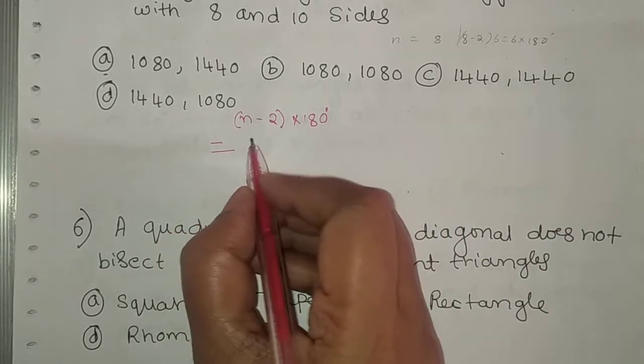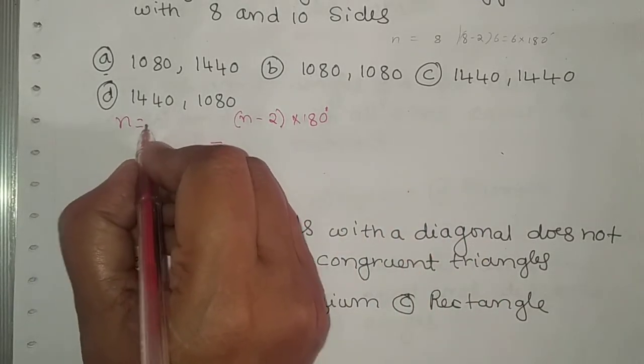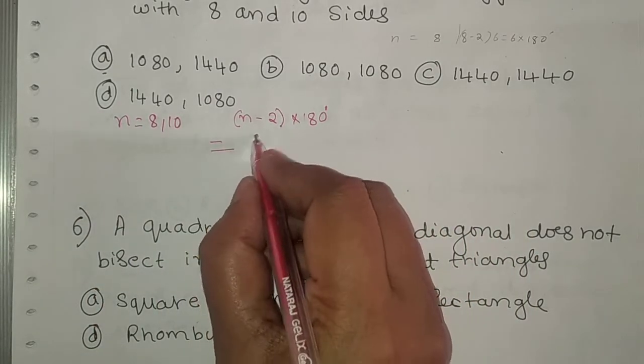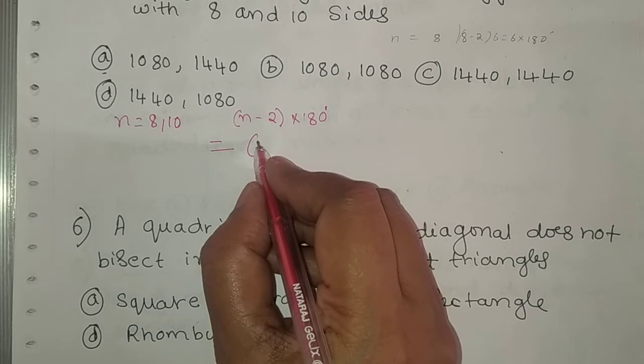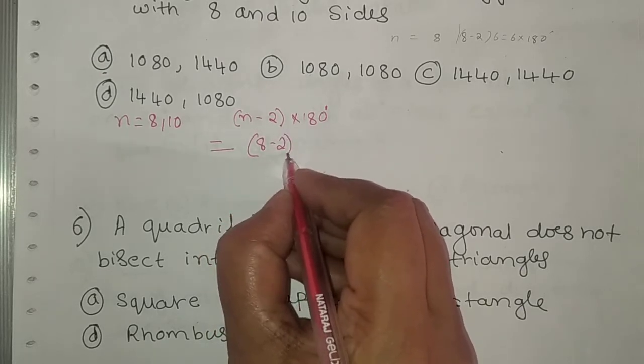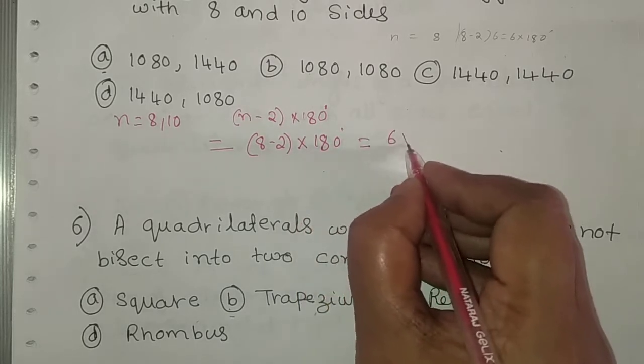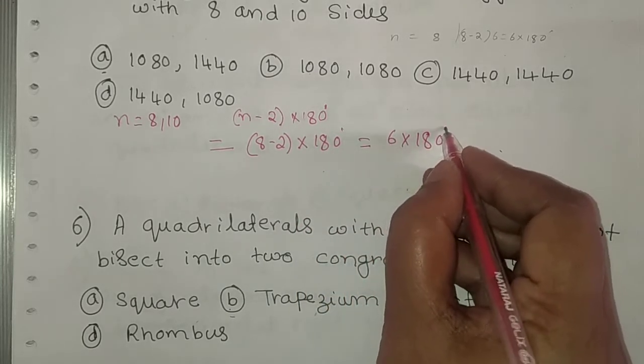Therefore, what is n in the first case? We have n is equal to 8 and also n is equal to 10 given. Therefore, for n equal to 8, 8 minus 2 into 180 degrees is equal to 6 into 180 degrees.